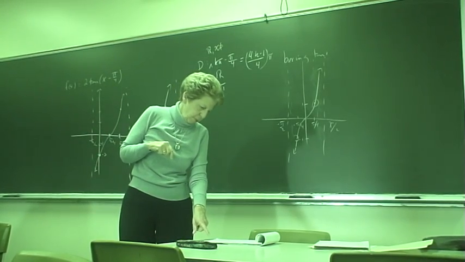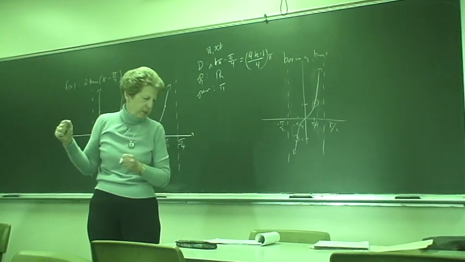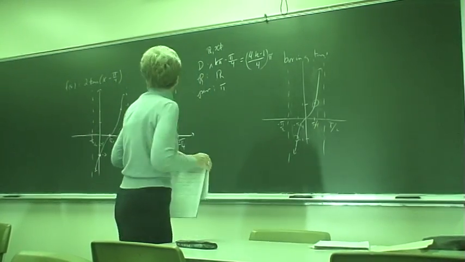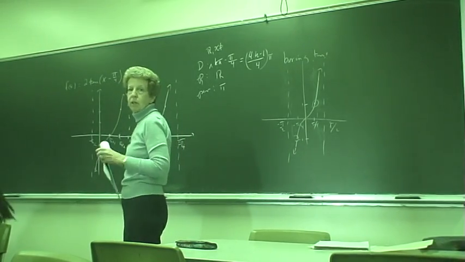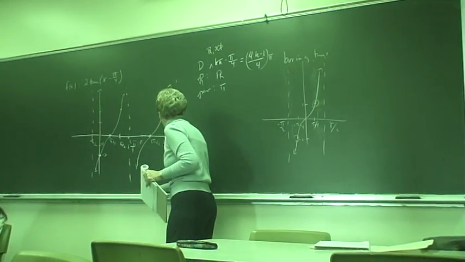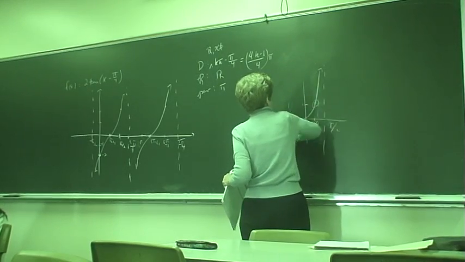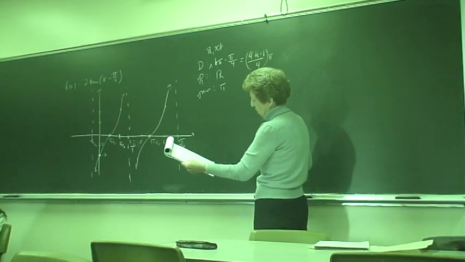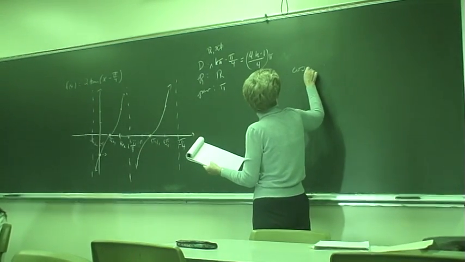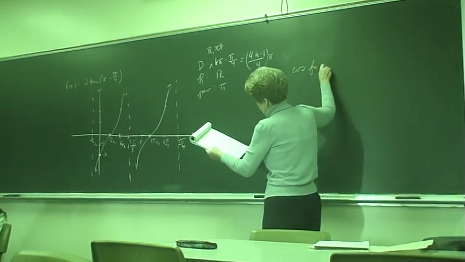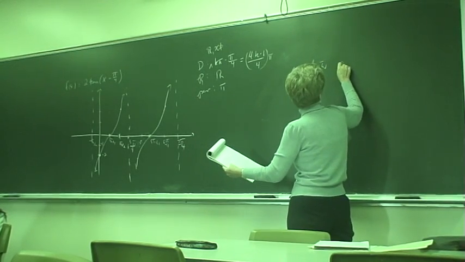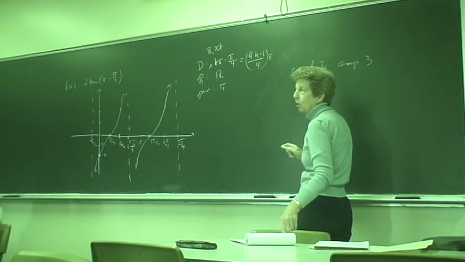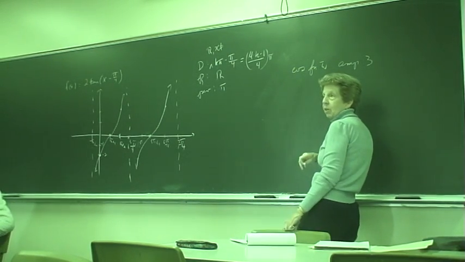Well, I was going to have us go to the board for this. Oh, I know what we can do. Write me a cosine function with amplitude. Oh, you don't know what amplitude is? It's how far away from 0 it is.